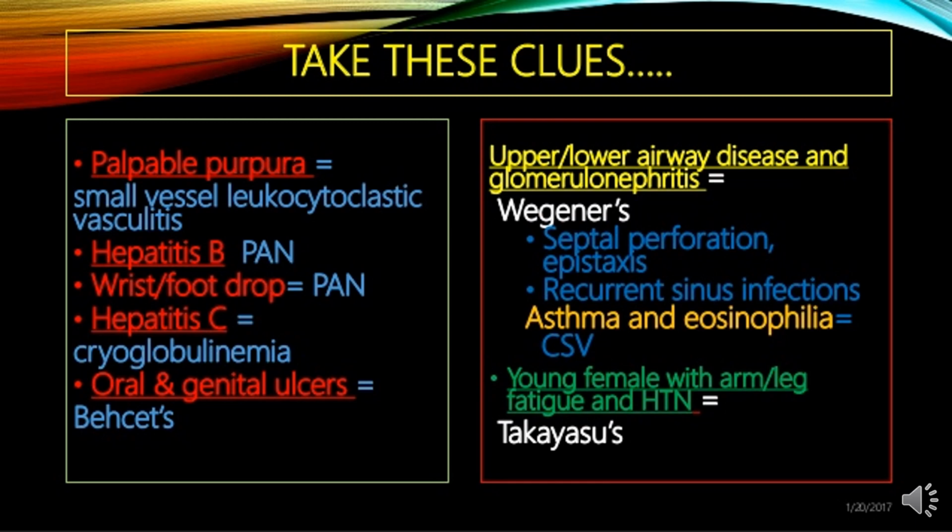Oral and genital ulcers: you must think about Behcet syndrome. Upper and lower airway disease and glomerulonephritis are specific for granulomatosis with polyangiitis; lower airway disease and glomerulonephritis, microscopic polyangiitis or Goodpasture's disease; asthma and eosinophilia, specific for eosinophilic granulomatosis with polyangiitis; and a young female with extremity claudication and hypertension, specific for Takayasu arteritis.